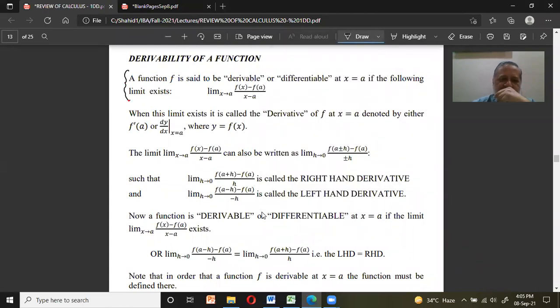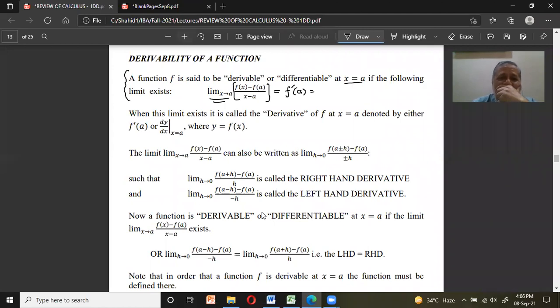A function f is said to be derivable or differentiable at x is equal to a if the following limit exists. Now, how is this limit constructed? Here we must be clear that it is something else whose limit is being sought. If this limit exists, we say that this is the derivative of the function at x is equal to a, or we write dy by dx at x is equal to a.